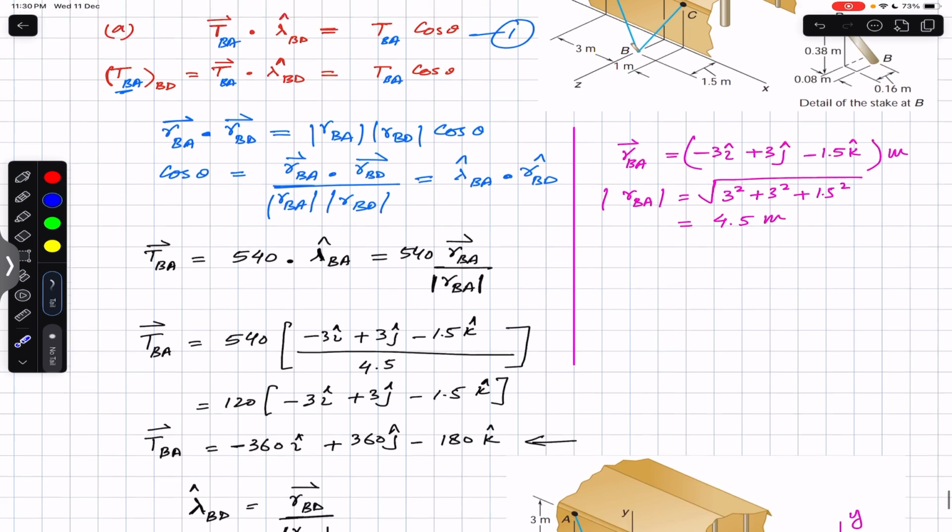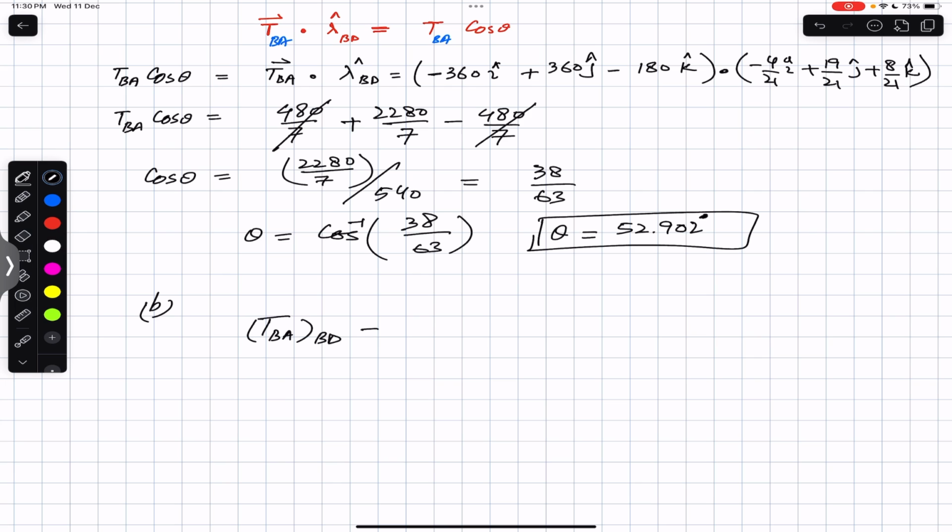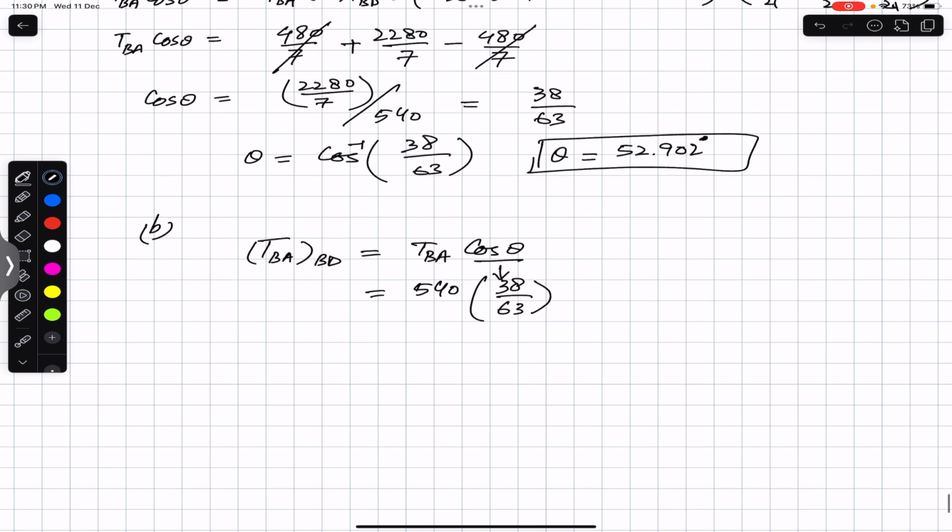So for part B, the projection is equal to TBA magnitude cos of theta. Now we know TBA magnitude, which is given as 540, and we know cos of theta, which is 38 divided by 63. So 540 into 38 divided by 63 will give us the projection.